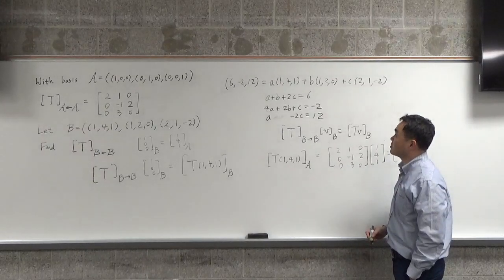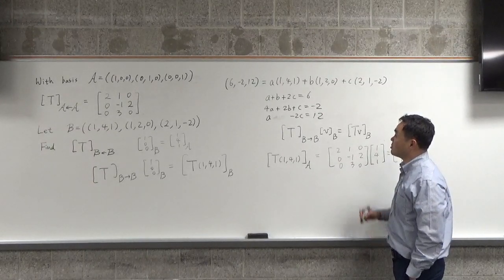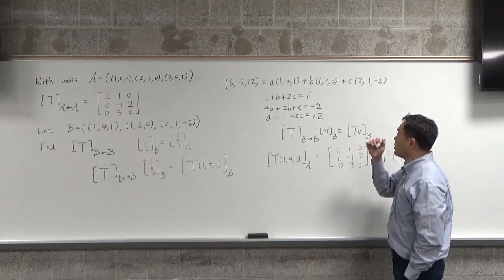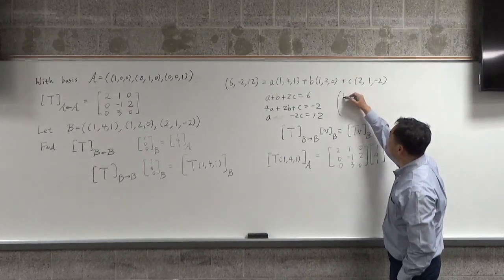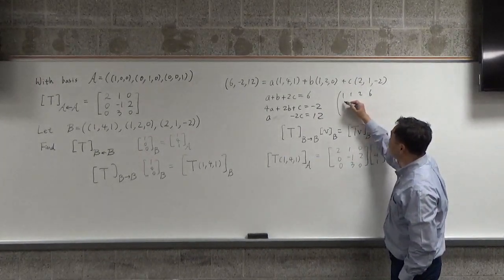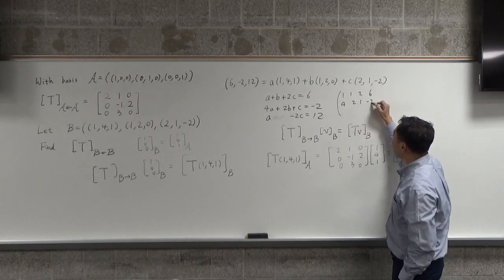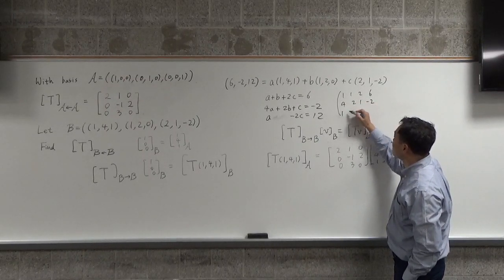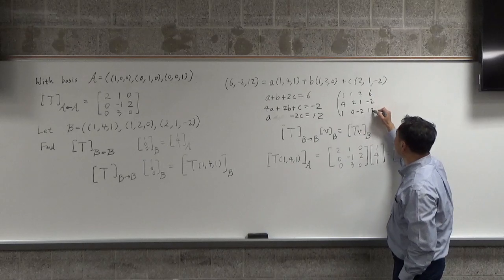Maybe it's not too hard to solve it. I'll just use RREF. 1, 1, 2, 6; 4, 2, 1, negative 2; 1, 0, negative 2, equals 12.